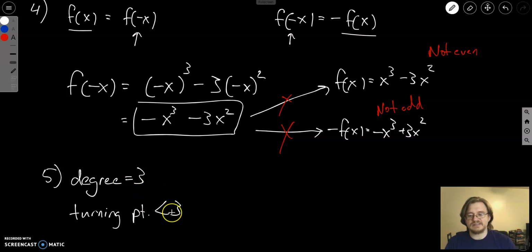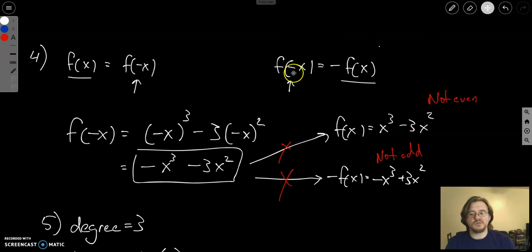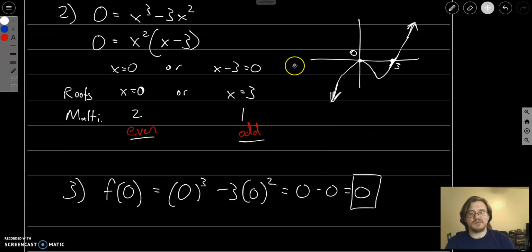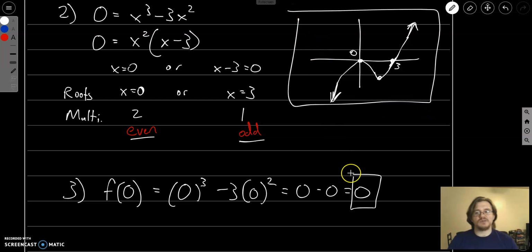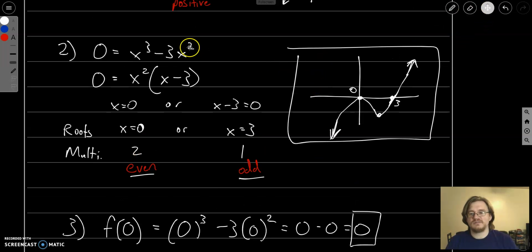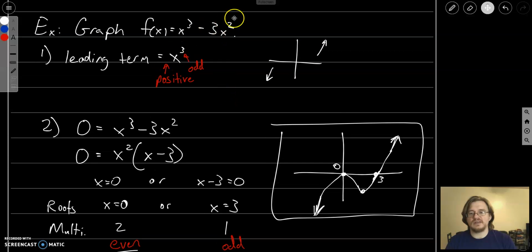So we should have fewer than 3 turning points. Well, if we come back up here and we look, I have 1, 2 turning points. That's less than 3. Everything checks out. So this is our rough drawing of x cubed minus 3x squared.